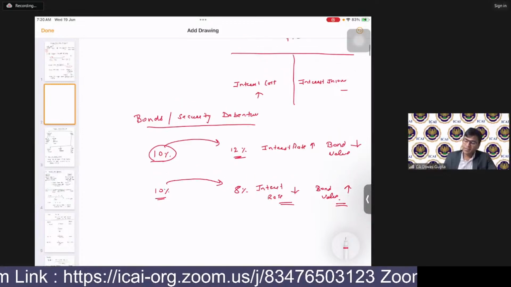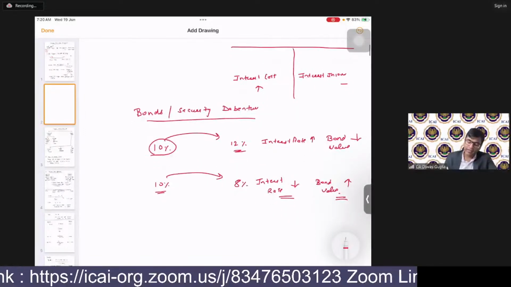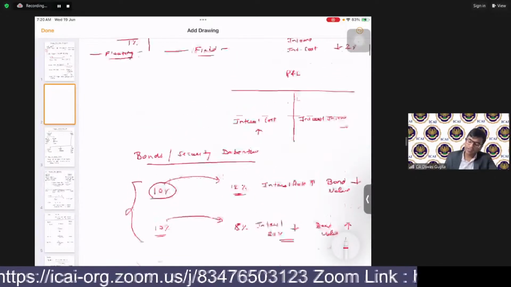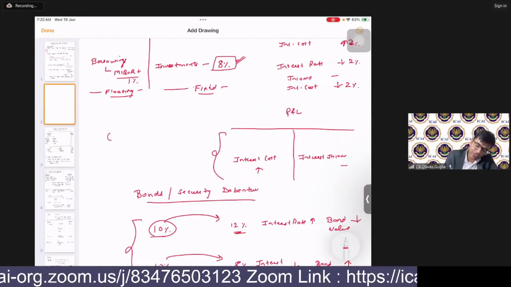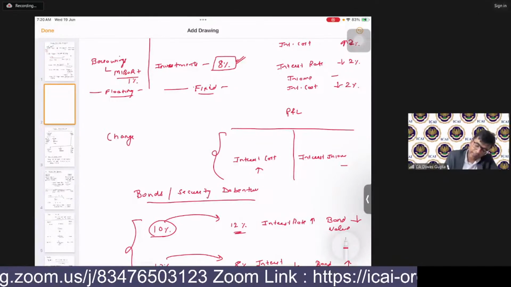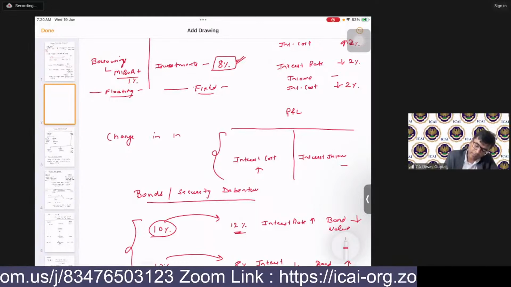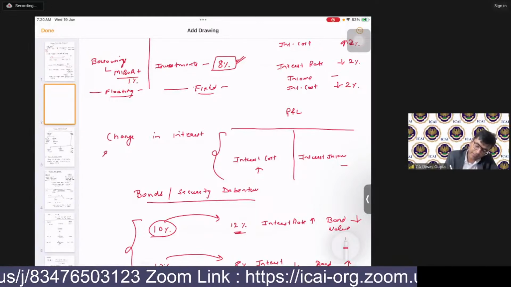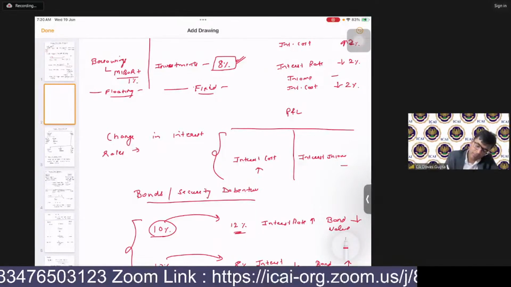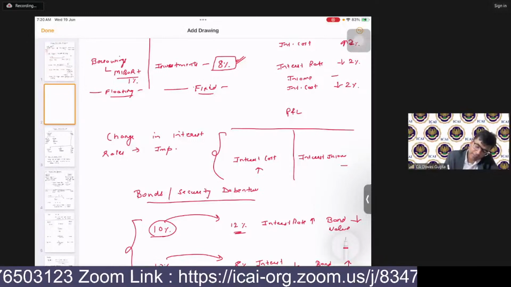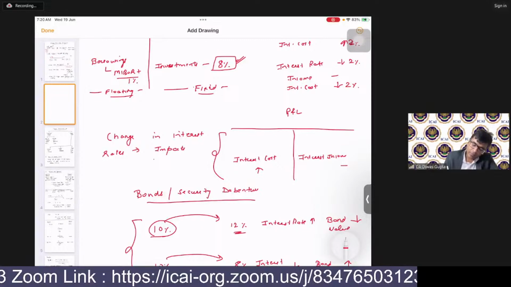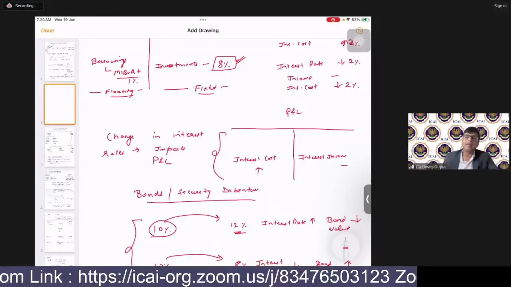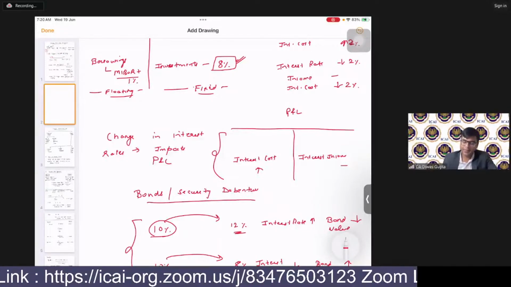Okay, this correlation is clear, students. Now, it gives us the second takeaway. So the first takeaway was what from here? Change in interest rates impacts P&L related income and expense.